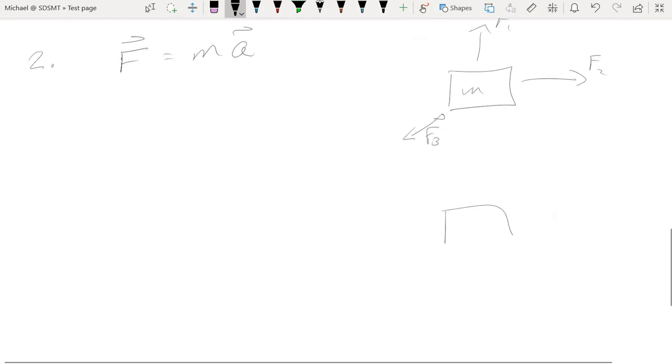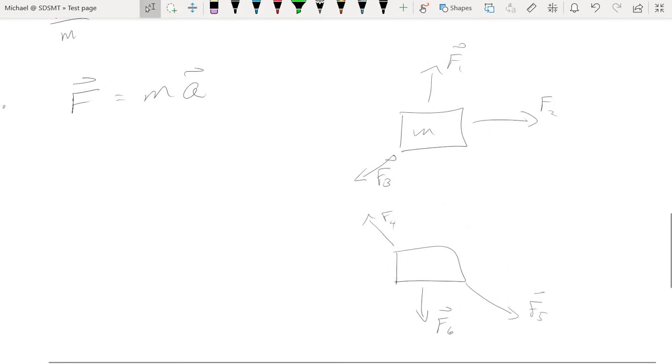And every problem with forces could have a slightly different combination. And so trying to add up all of the forces for this first diagram would result in a net force that is different from the net force that we would get in this second diagram.